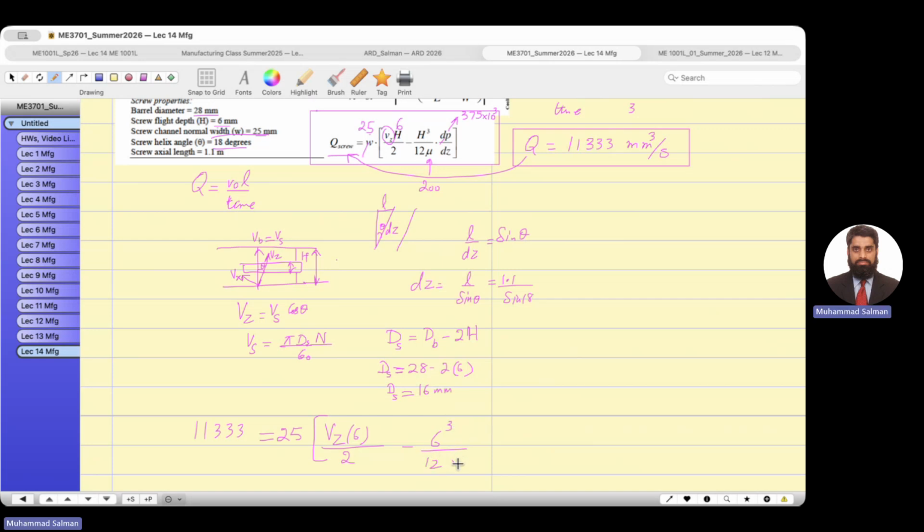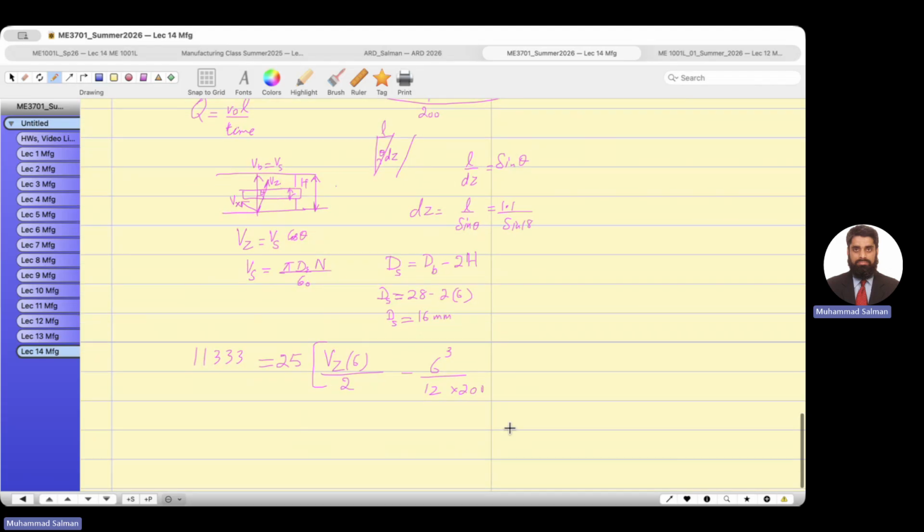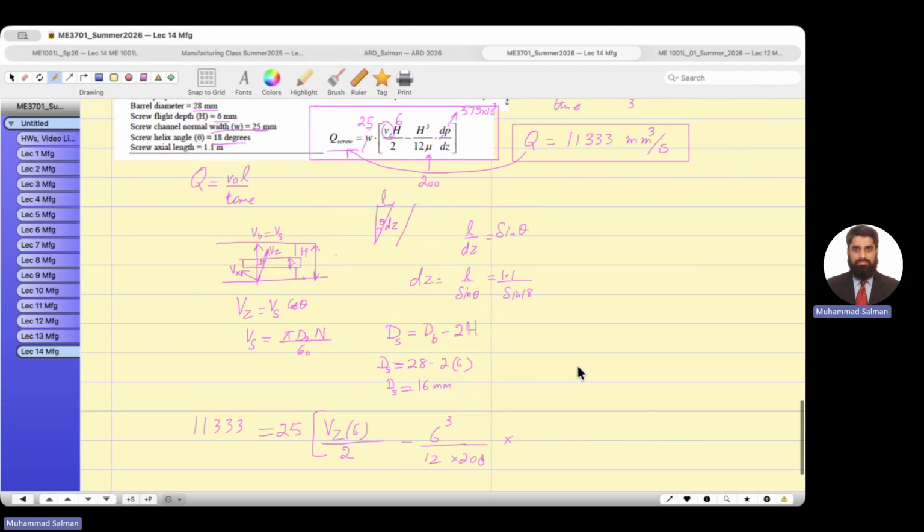Divide by 12 into 200, which is the viscosity, 200 Pascal seconds, times 375 to the power 3 divided by dz 1100 divided by sine 18.